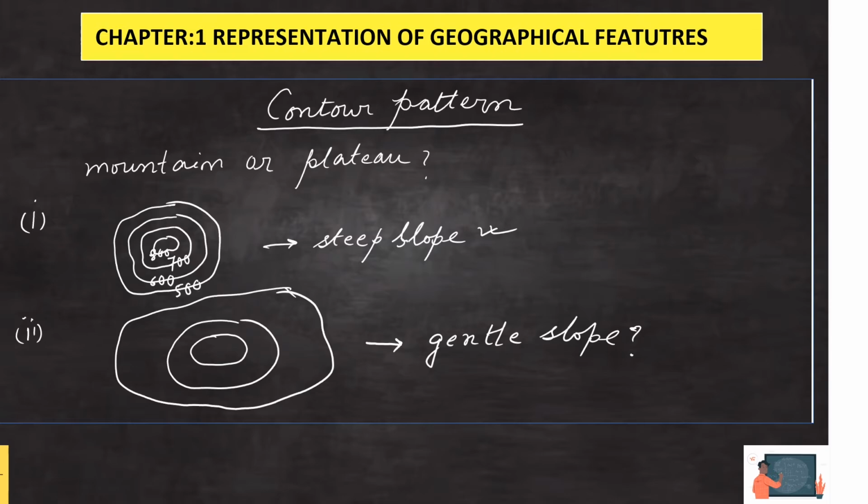Is it clear? Now, how by this kind of pattern can we understand the different kinds of landforms, meaning mountain, plateau, ridge, etc.